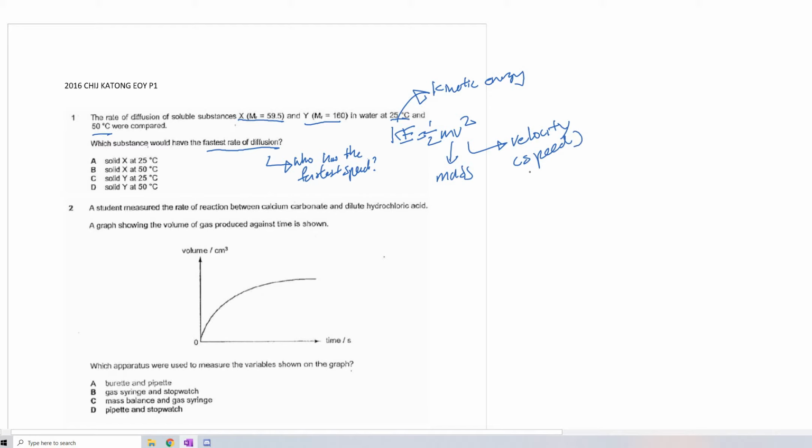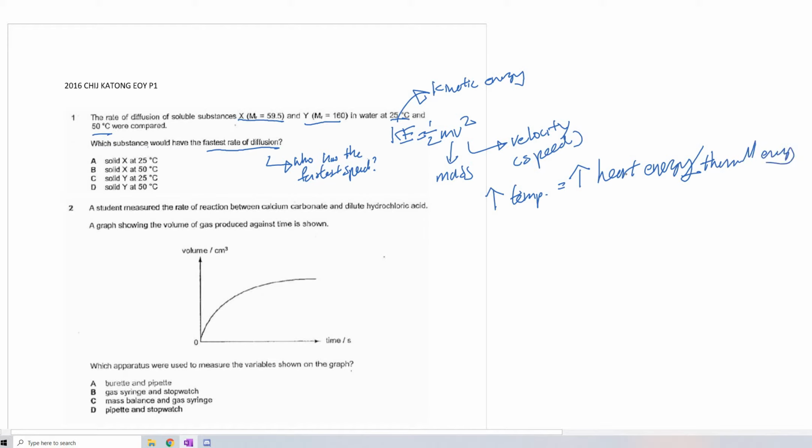So when the temperature is high, there will be more heat energy available, or thermal energy, that some of you might know.